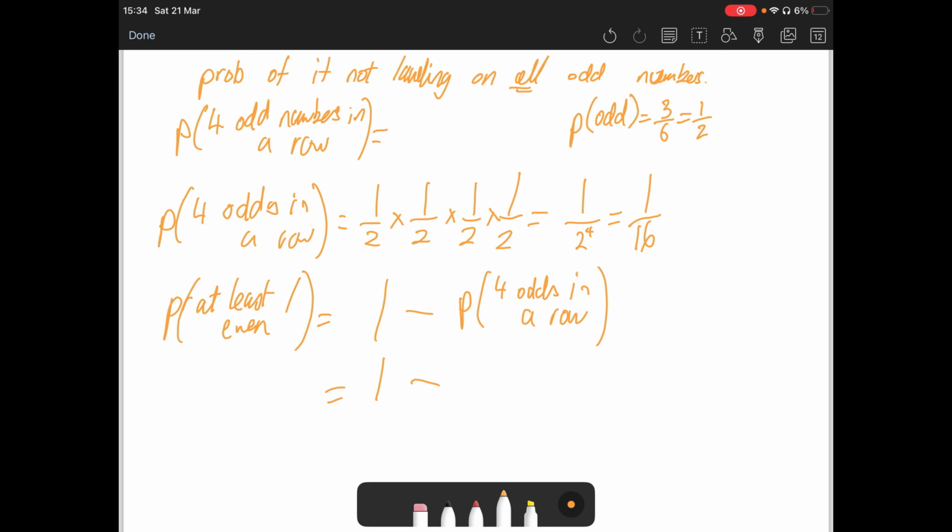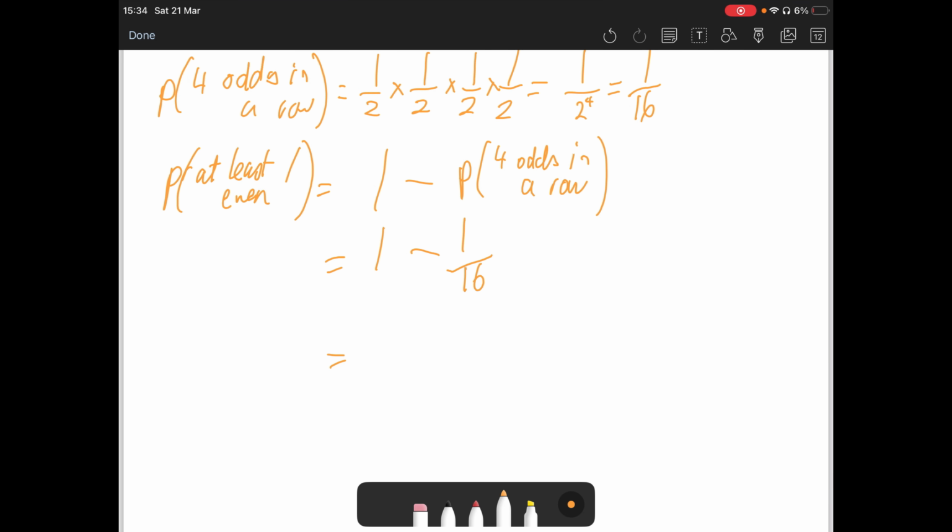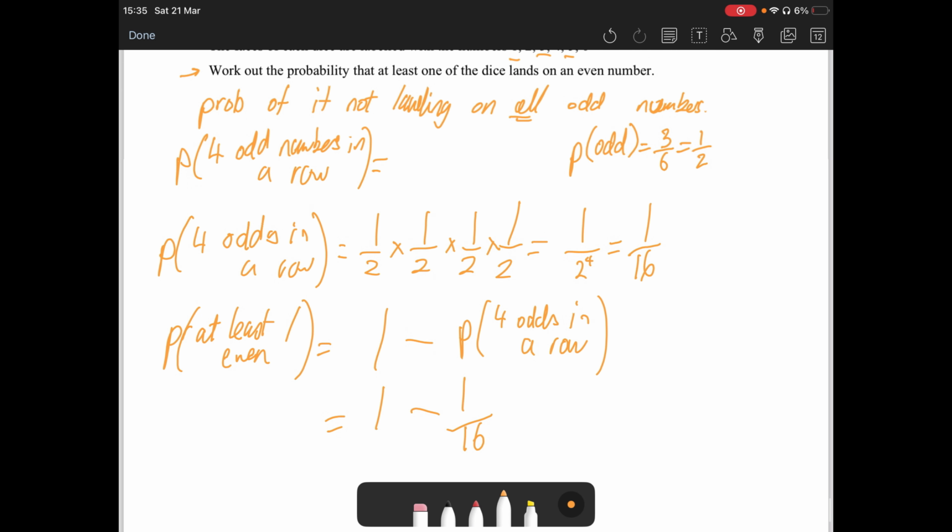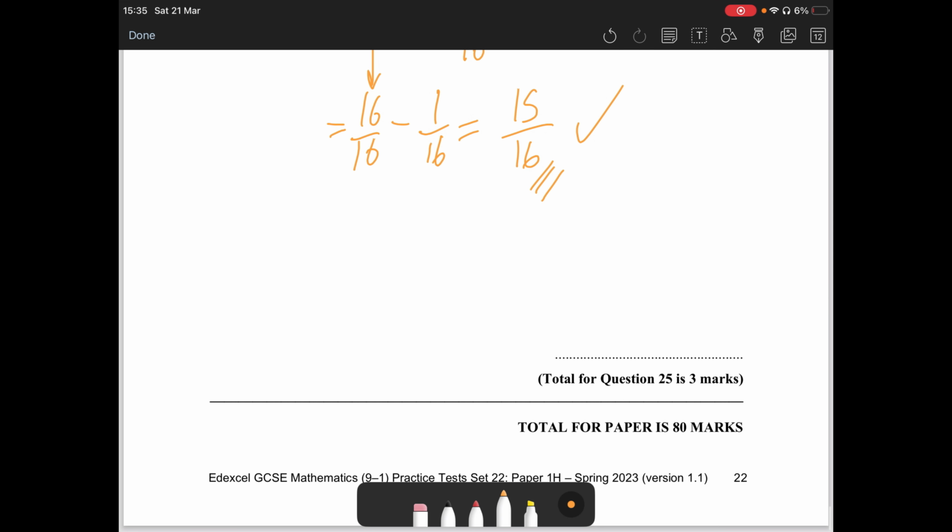So it's 1 take away 1/16, which, I mean, this is easy maths now at this stage. 1 is the same as 16 over 16. Take away 1/16, the answer is going to be 15 in 16 chance. Okay, let me get a bar check. Yeah, there's various ways you could have done this. So if you got 15 out of 16 at the end, there are other ways, but there we go.